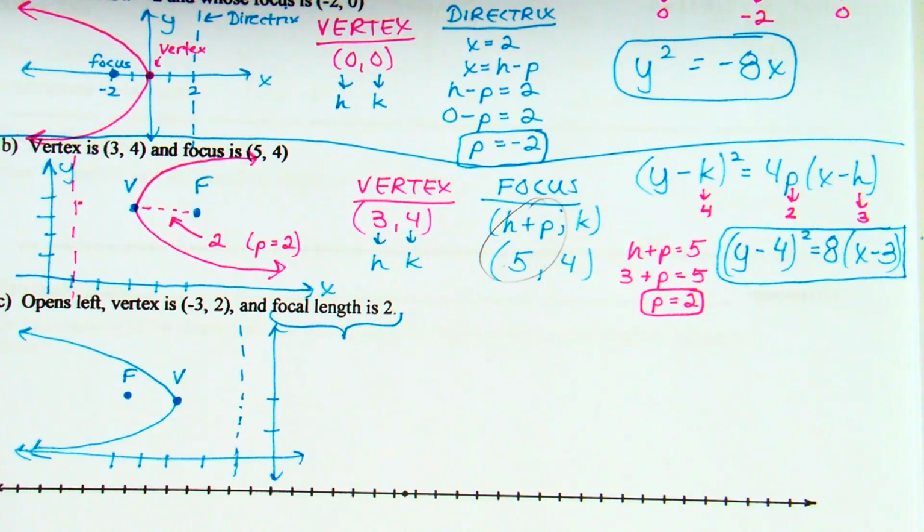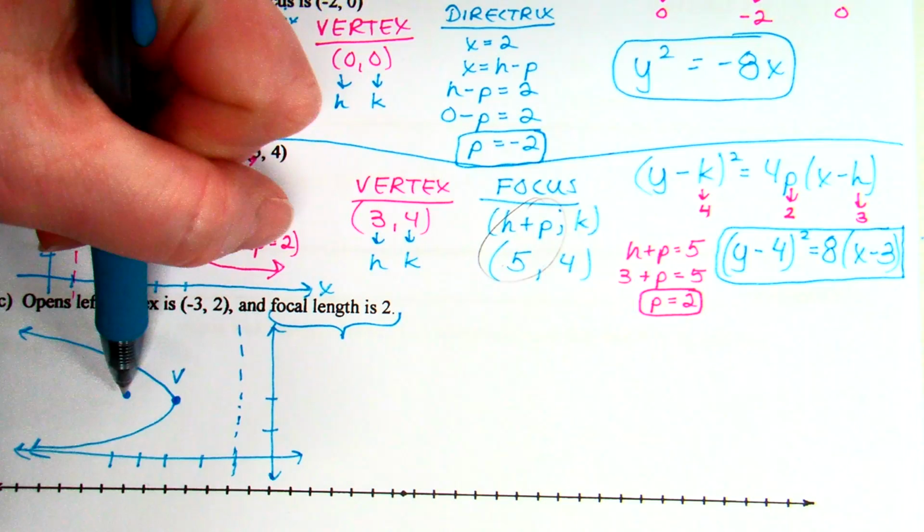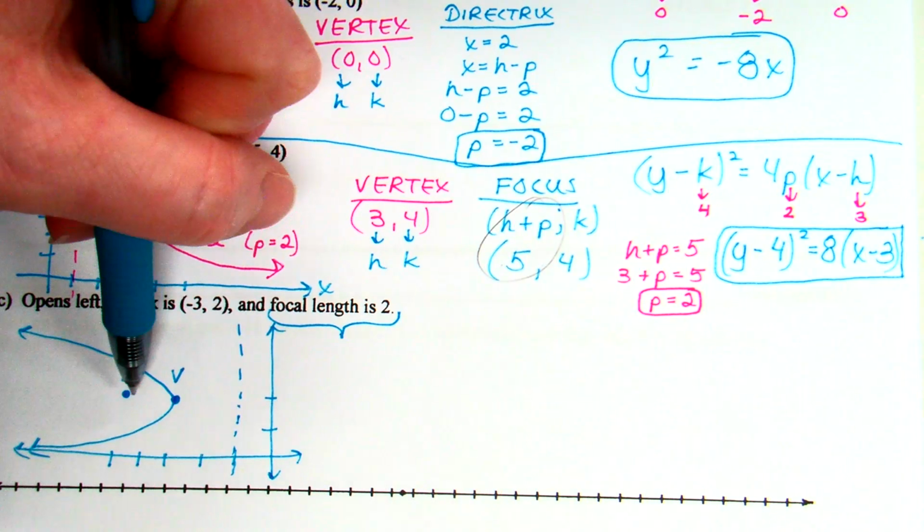So what does that tell me? What is that in my equation? If this distance right here from focus to vertex, or vertex to directrix, that tells you p, right?